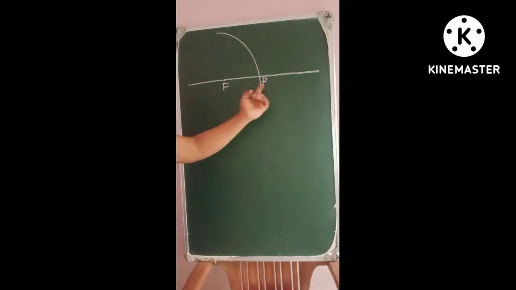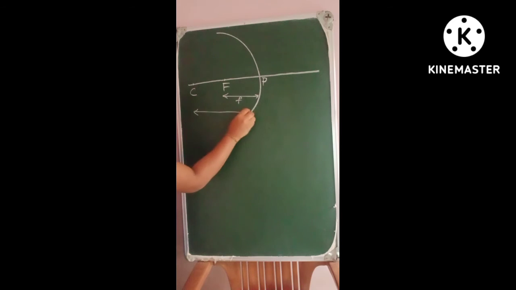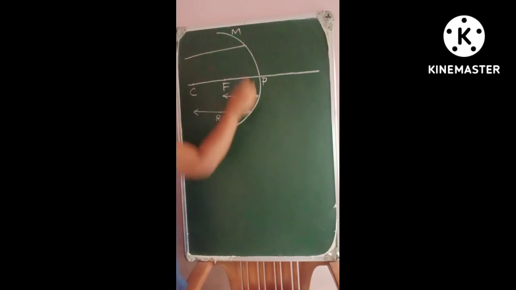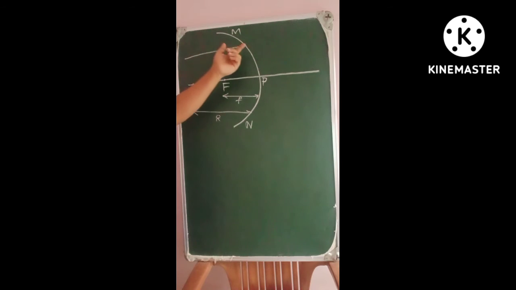Say for example, what is pole, what is principal focus, what is center of curvature, and focal length. Then you will have the radius of curvature here. When a ray of light is incident on the mirror, take this as MN, the mirror, it reflects back.